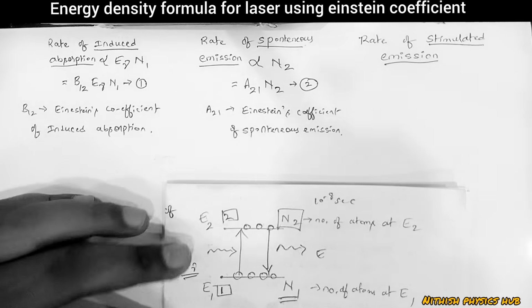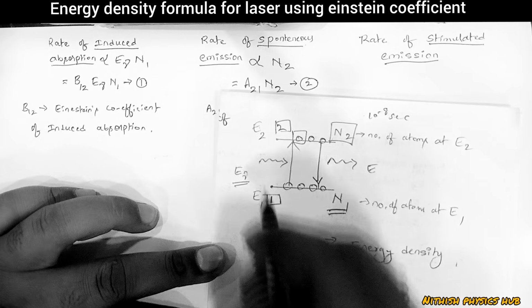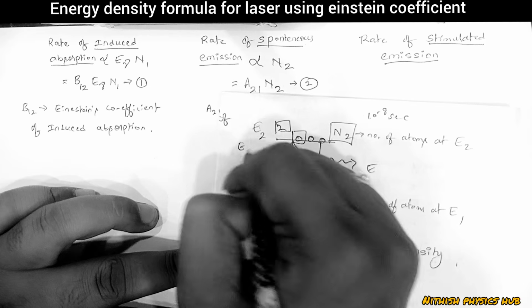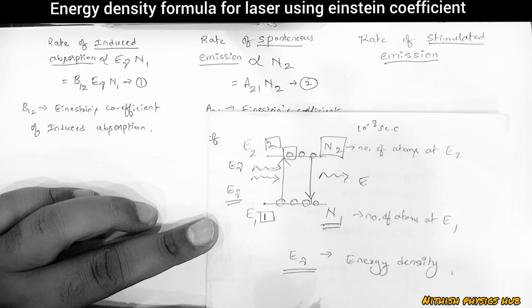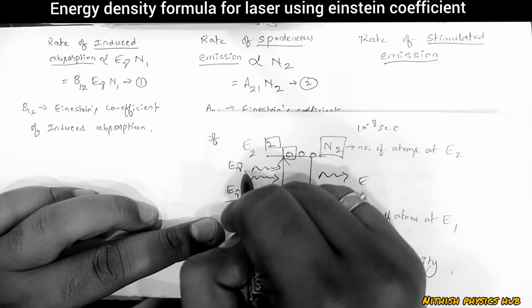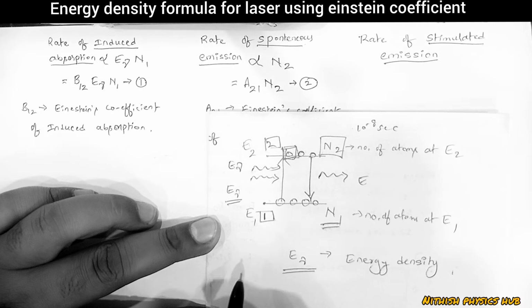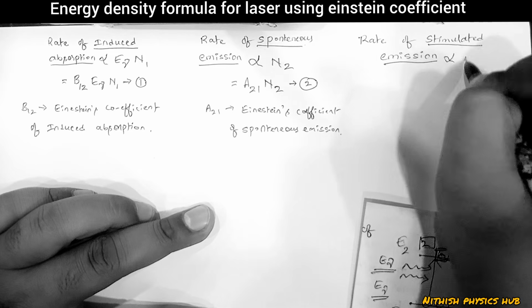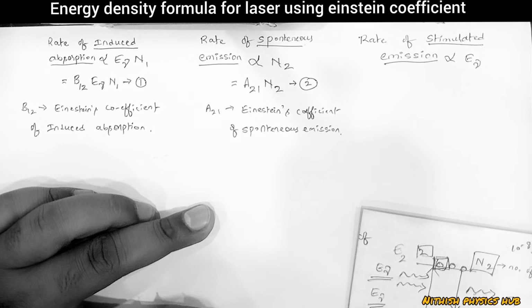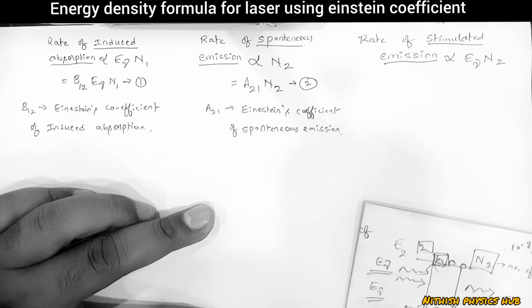Similarly, there is a third process that happens for atoms that have already been excited. For these atoms, I provide one more extra energy, E mu, meaning the process has not been completed. The atoms involved in stimulated emission are the atoms that have been excited, and the extra energy E mu is provided. So it is directly proportional to the extra energy provided in the excited state, for the atoms in the N2 level.